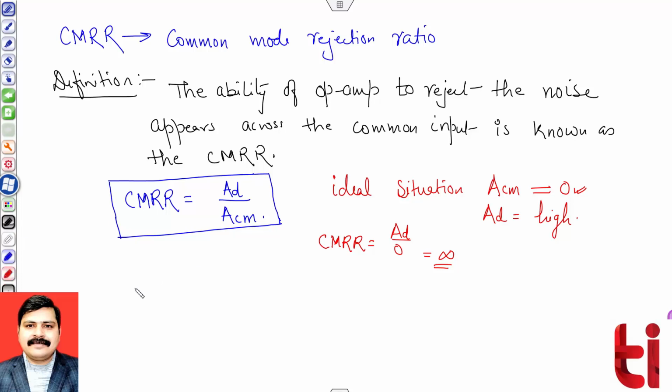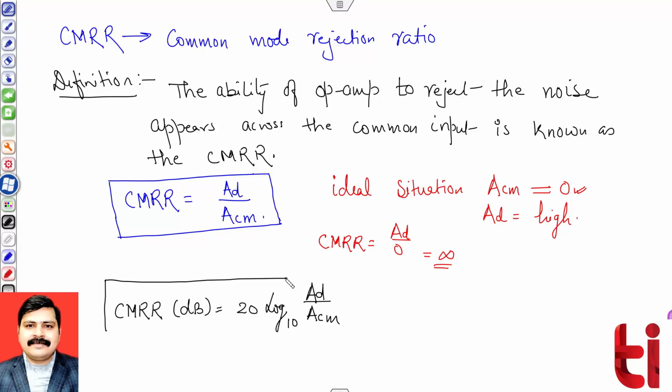There is another unit. If we are representing CMRR in decibel, in dB, then it can be defined as 20 logarithmic of base 10 AD upon ACM. So this is the mathematical definition.